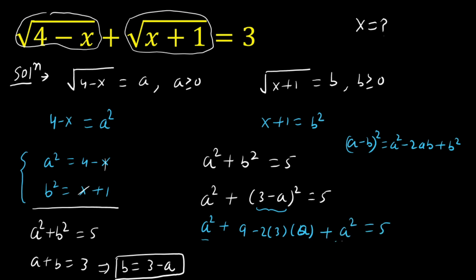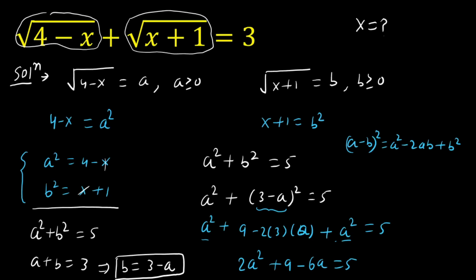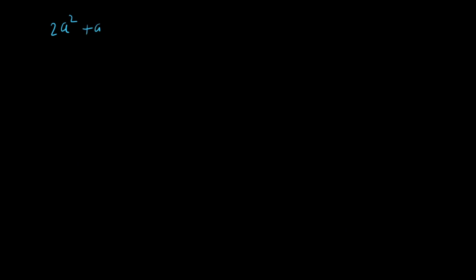A square plus a square, that is 2 times a square, plus 9 minus 6 times a, equals 5. If we take all the expression to the same side, then we get 2a square plus 9 minus 6a minus 5 equals 0.